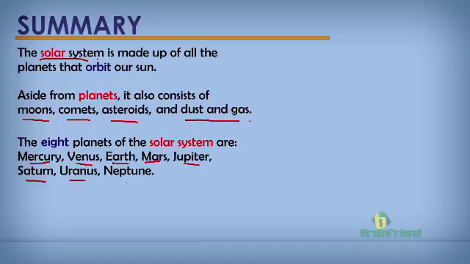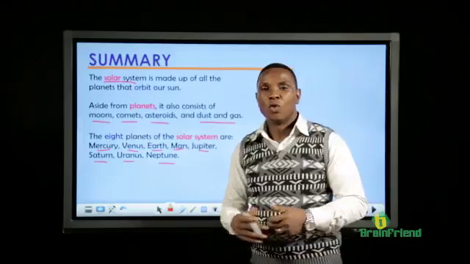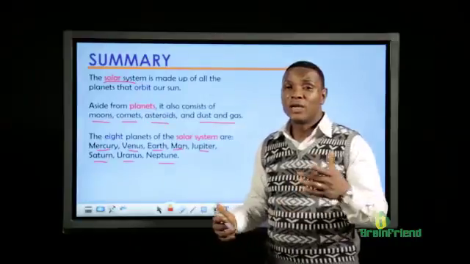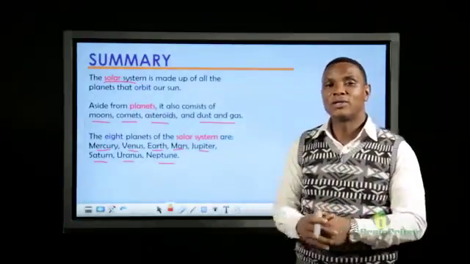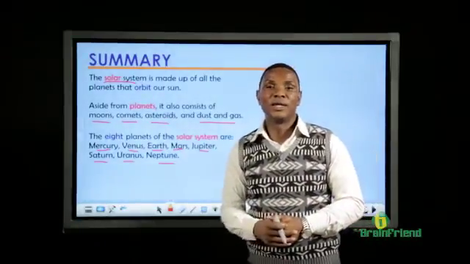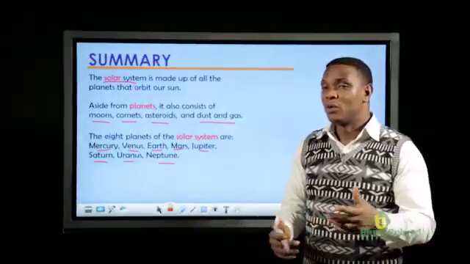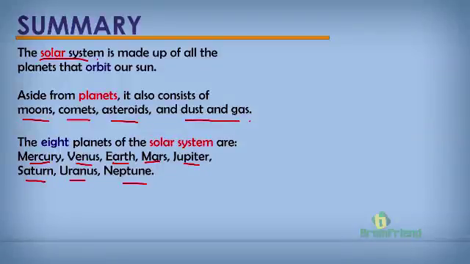We broke down these planets into the inner planets, also called the terrestrial planets, and the outer planets, which are the gas giants. We said the inner planets are Mercury, Venus, Earth, and Mars, while the outer planets are Jupiter, Saturn, Uranus, and Neptune.